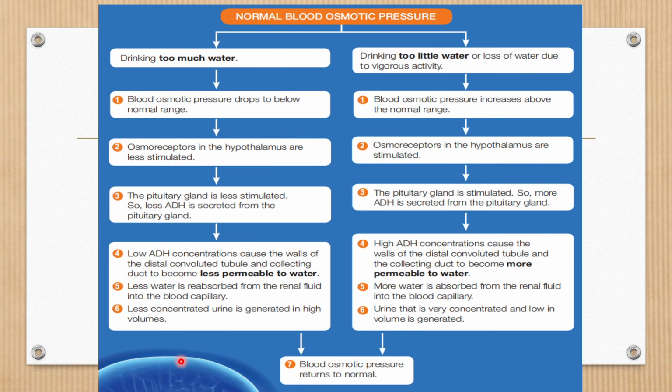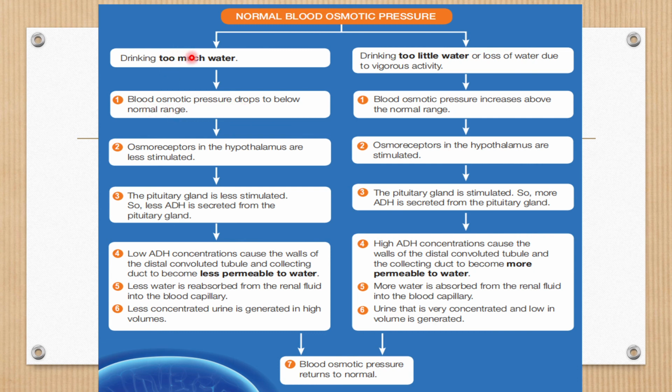Now this figure is illustrating the regulation of the normal blood osmotic pressure. So in the condition where you're drinking too much water, what will happen is that the blood osmotic pressure will start to drop below the normal range.